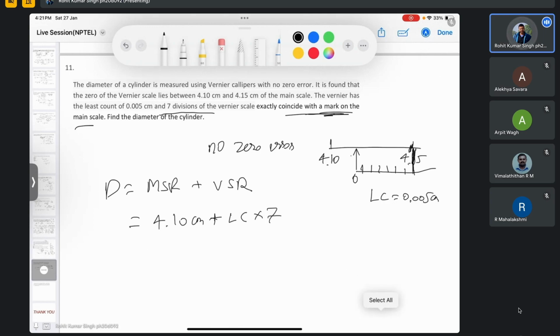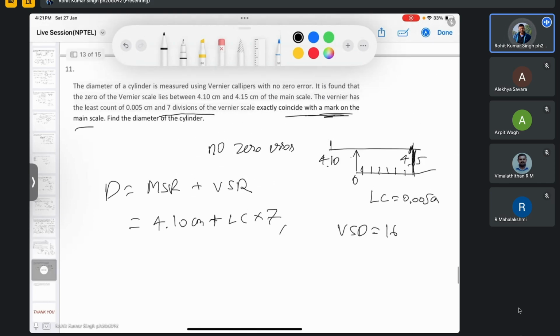When it says that 7 divisions on the vernier scale exactly coincide with a mark, it is telling you that 7 is the vernier scale division which coincides with some main scale division.